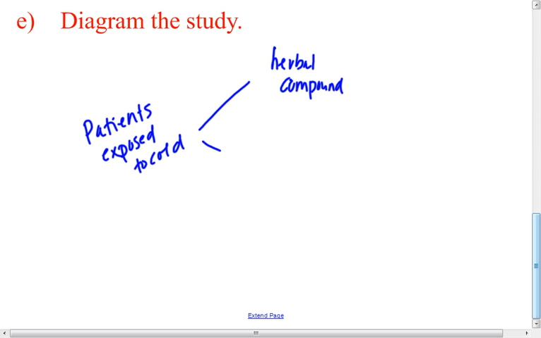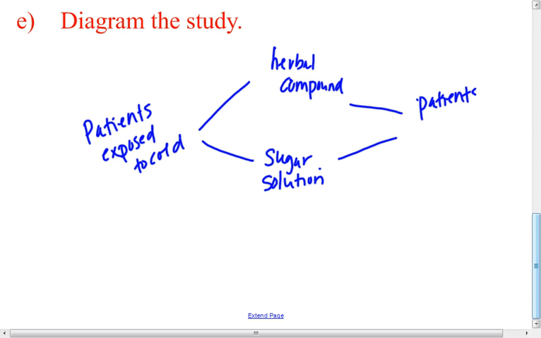And some were given a sugar solution. And again, this would be randomly assigned. Okay. And then in the end, I'm going to assess the patient's cold condition, or the cold severity. Okay?